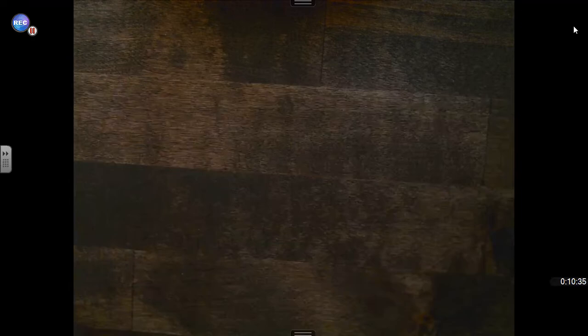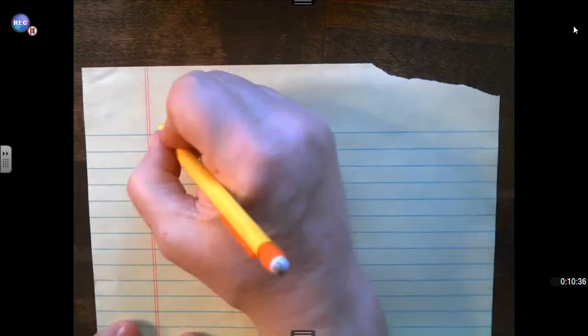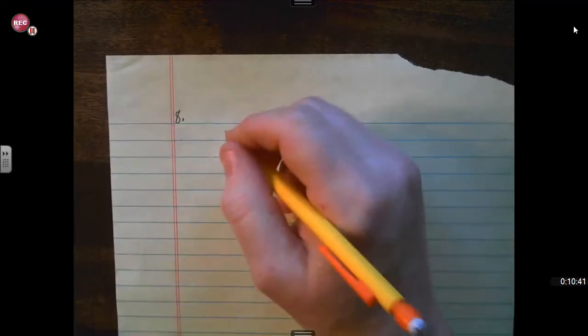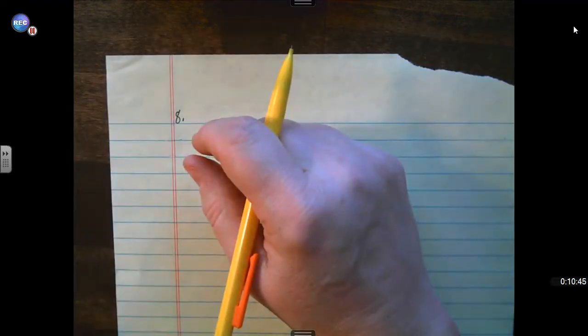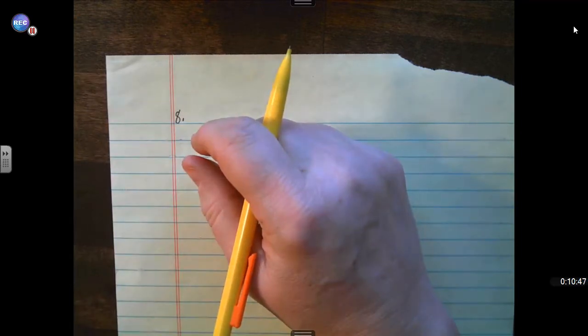Okay. Number 8. We have Inez, who saves $5, and then she doubles the amount she saves each week. Does this represent an exponential function?